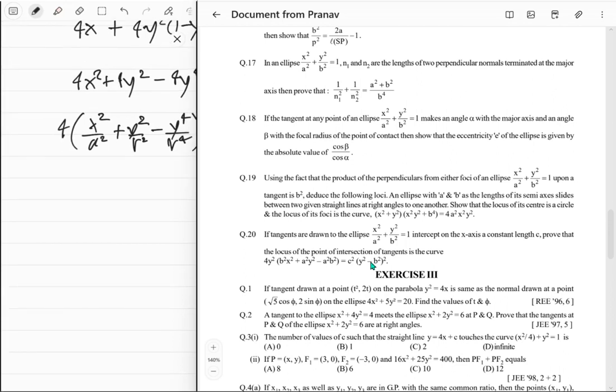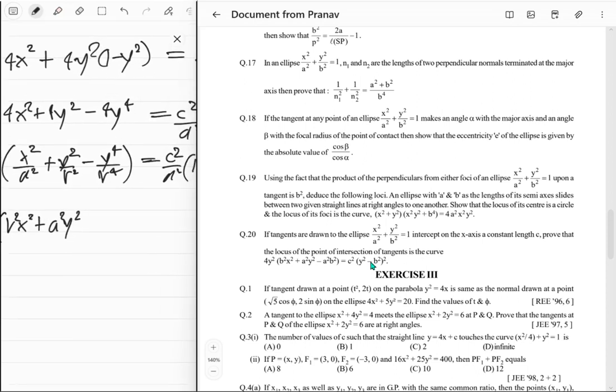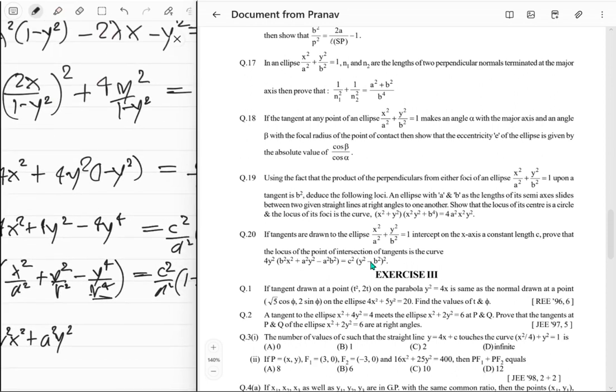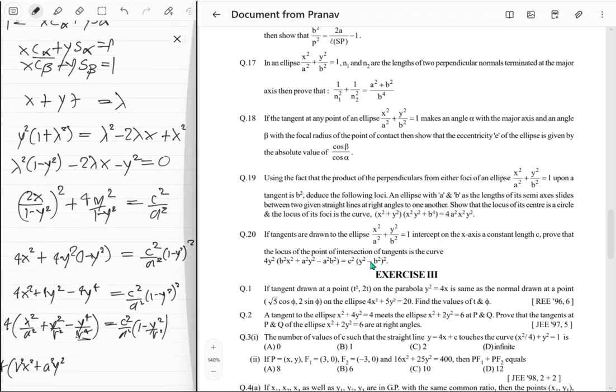Maybe multiply by a squared b squared first. It's supposed to be 4 times of b squared x squared plus a squared y squared. And wait, why is that over here? Yeah, it's supposed to be y power 4 actually. Wait, did I do that correctly or not? It must have been correct.